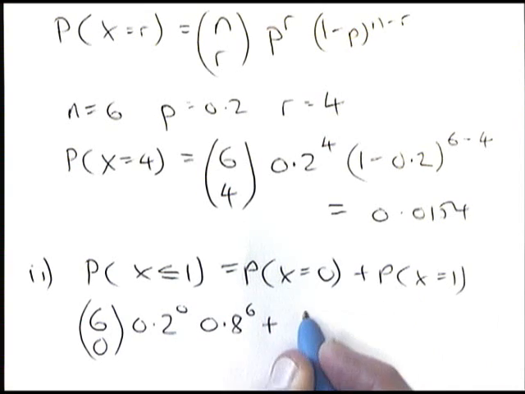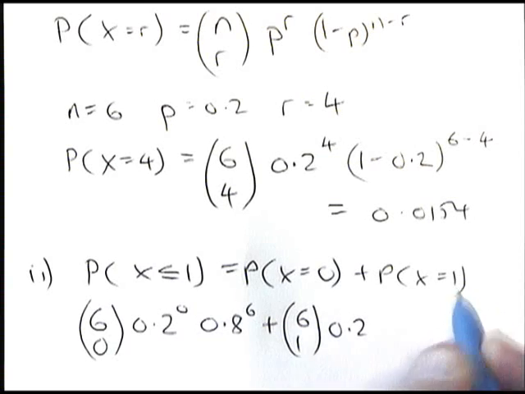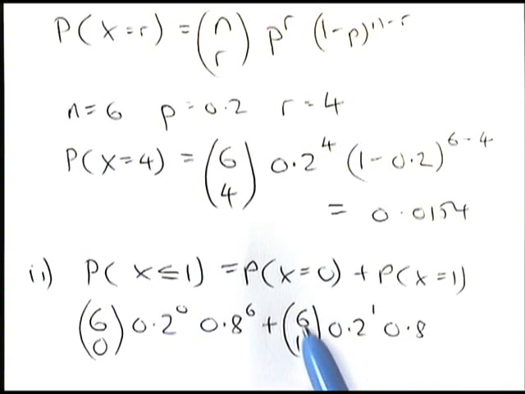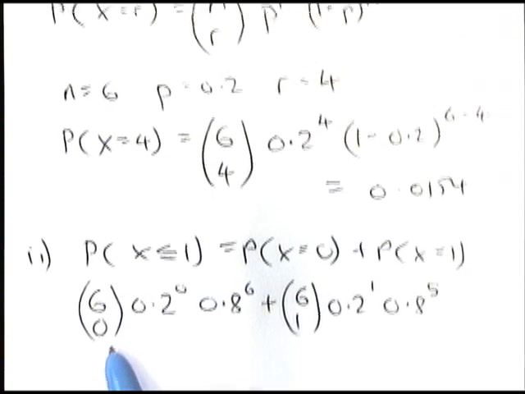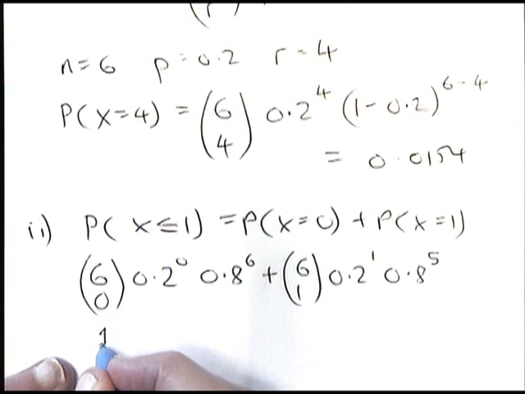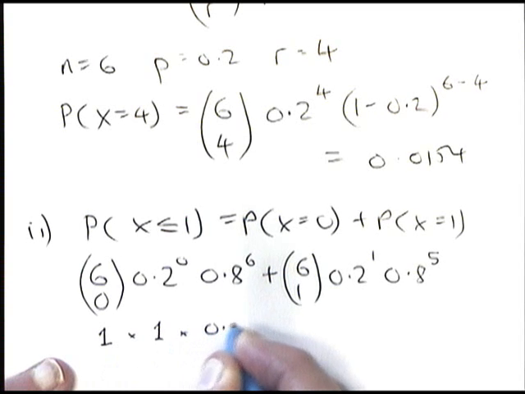It'll be n choose 1, 6 choose 1, p to the power of 1, (1 minus p) to the power of 6 take away 1. So I get these sums here. Now, anything choose 0 is 1. It's useful to remember. So that bit there is just 1. Anything to the power of 0 is always just 1. So this bit here is actually the same as just 0.8 to the power of 6.